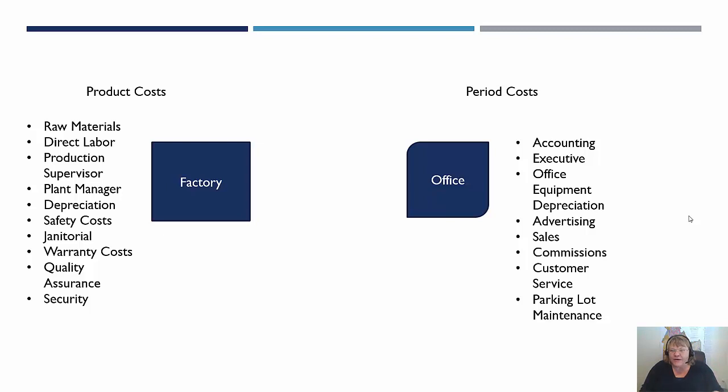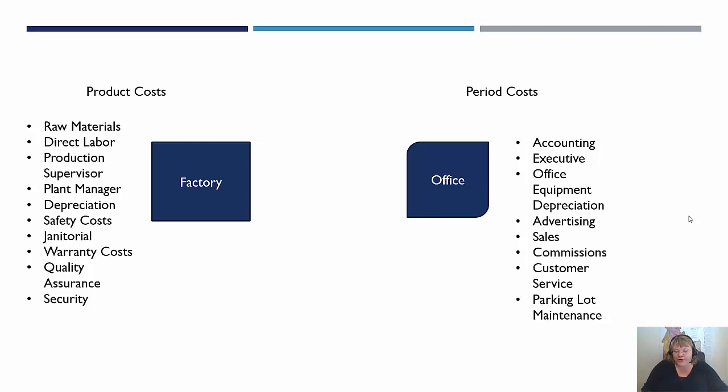If it's in the factory, with production, that's a production cost. If that equipment depreciation is in the office, it's a period cost. Advertising, sales commissions, service department, and parking lot maintenance. All of these are period costs that get expensed immediately.